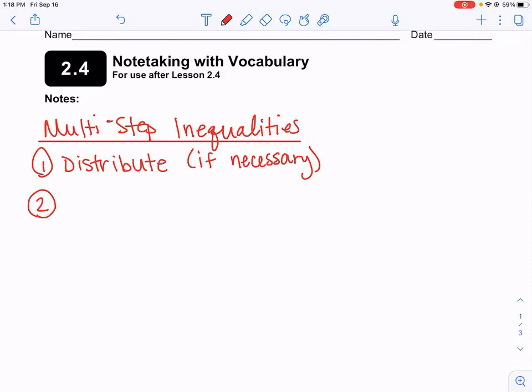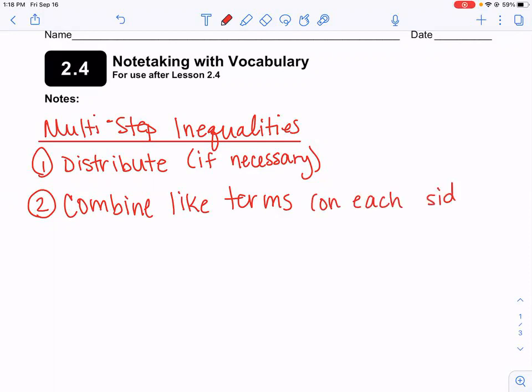We distributed. Now, maybe we need to combine. Yes, combine like terms. Now, once you have combined like terms on each side, I guess I should probably throw that in there.